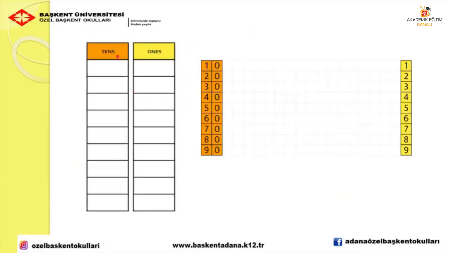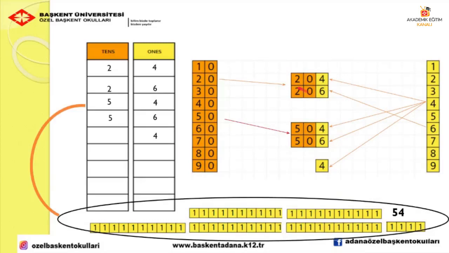We can use tens and ones to make numbers up to 100. For example, I can add 20 and 4 to make number 24, a two-digit number. I can add 20 with 6 to make 26, a two-digit number.